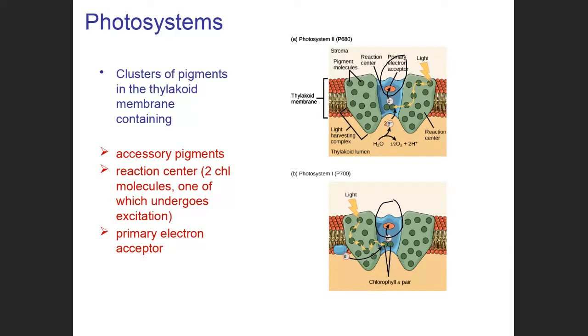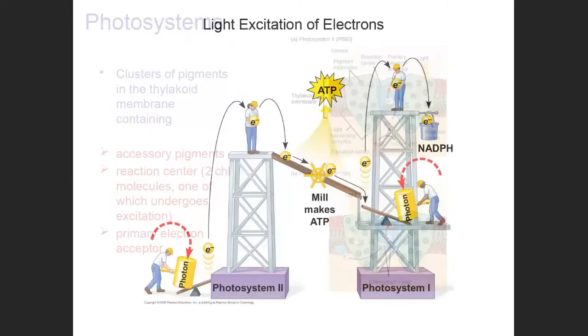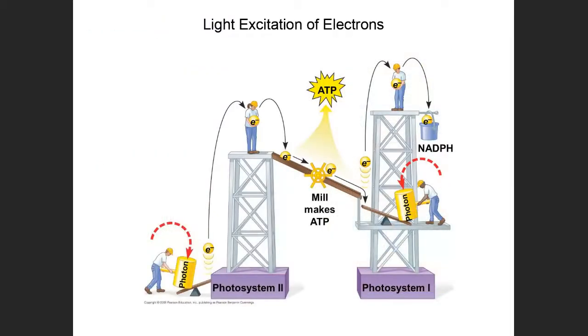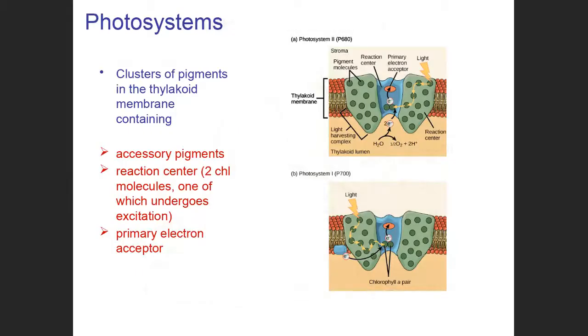So this is exactly what we talked about here. Now I am at the primary acceptor, this orange part that I call the primary electron acceptor. Here he is. This is where I am.